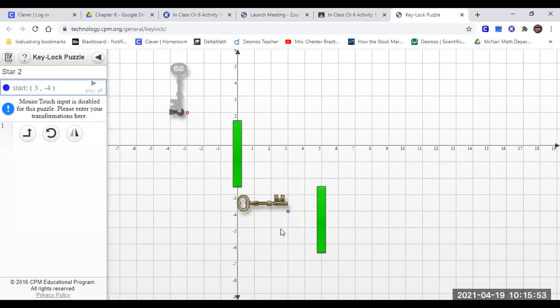What do we think? If we slid the blue dot, do you think the teeth are going to make it past the wall? No. So if the teeth don't make it past the wall, what do we need to do first?